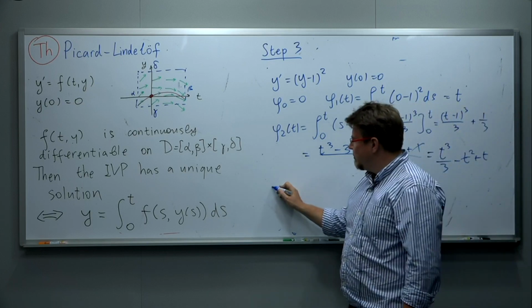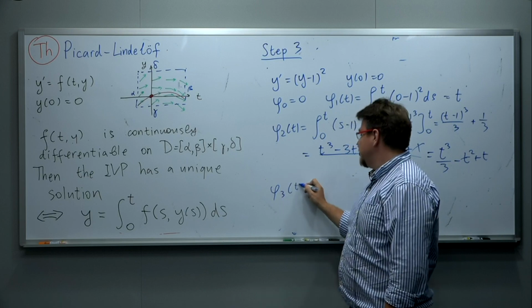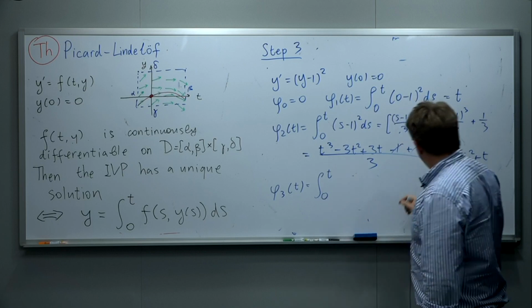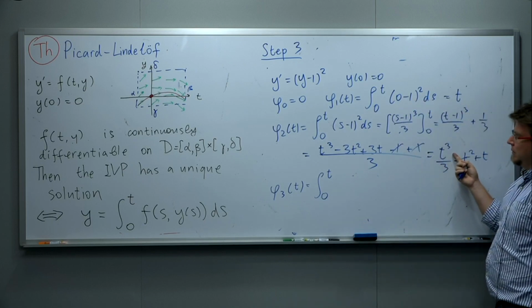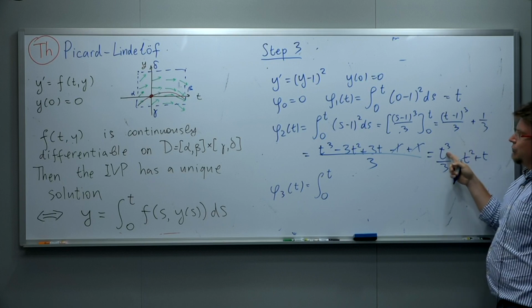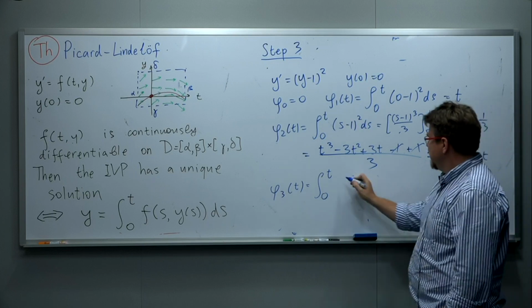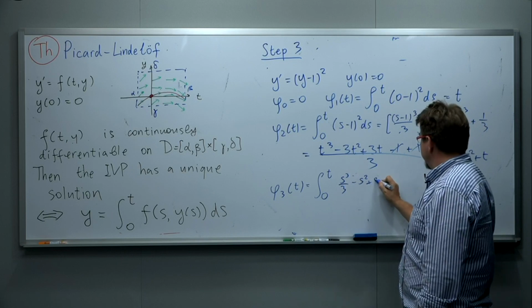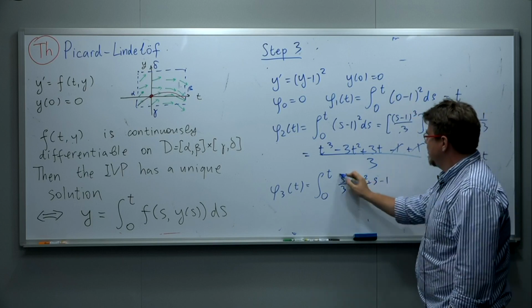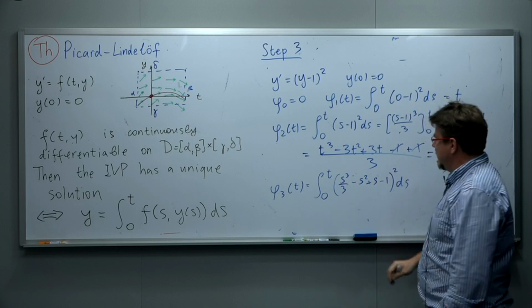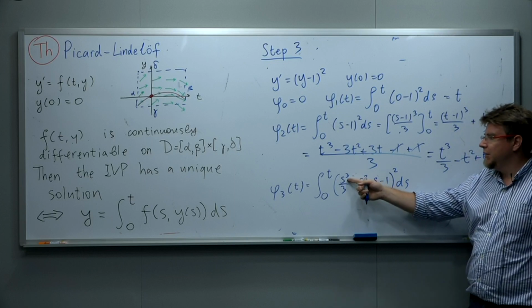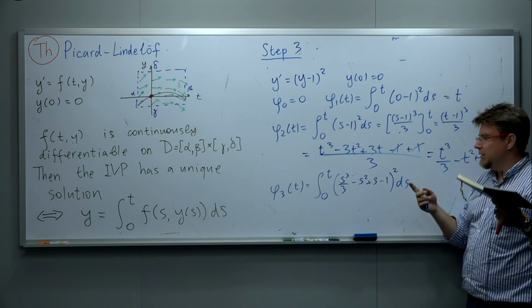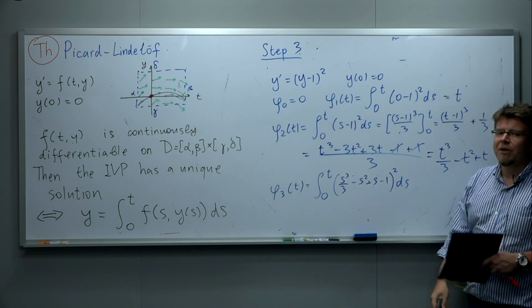Well, I'm going to give you one more term, just so that you have some idea how complicated they become. From 0 to t, now I need to use this as y, and I need to change t to s because I'm integrating with respect to s. So it's s cubed over 3 minus s squared plus s minus 1, squared, ds. Note that this is a cubic function, so degree 3, squared degree 6, integrated degree becomes 7.